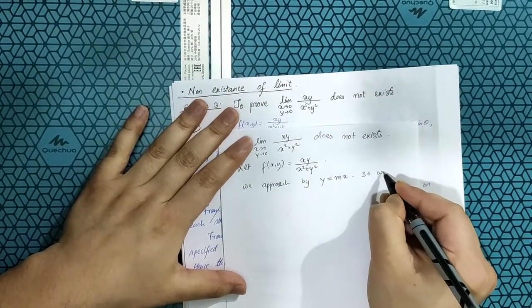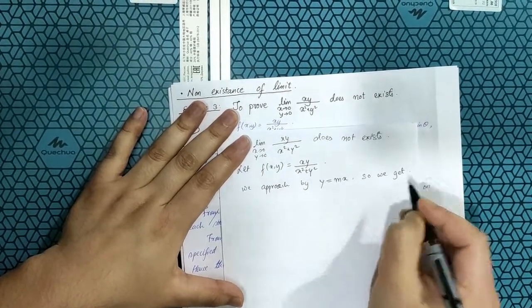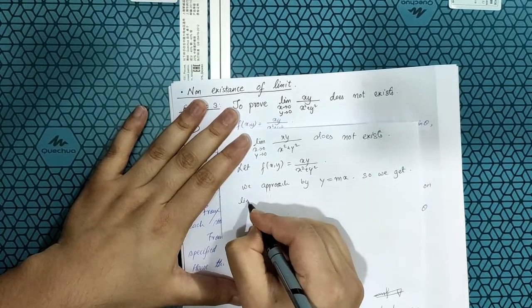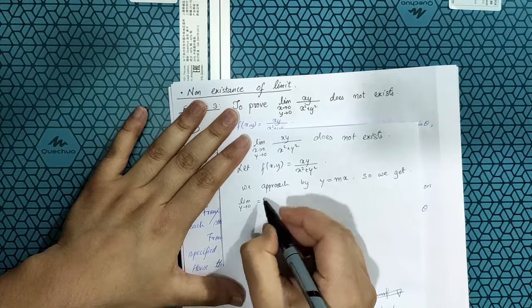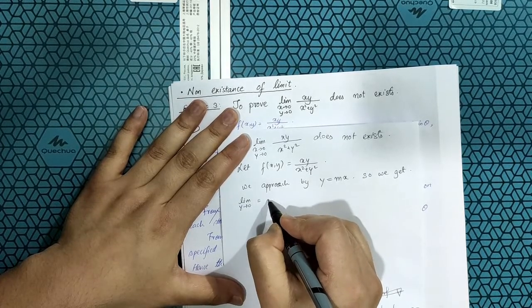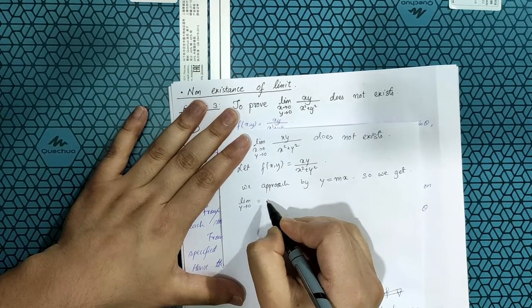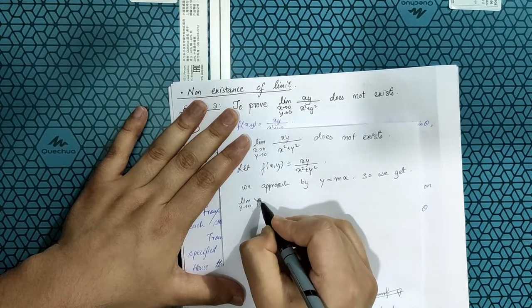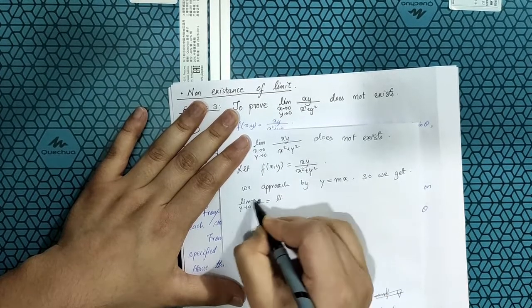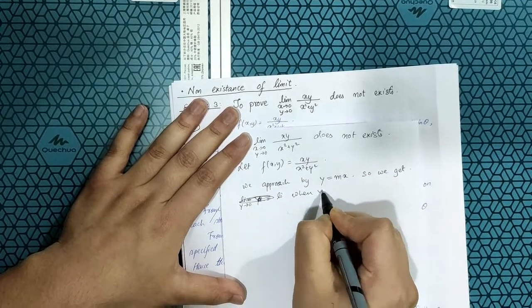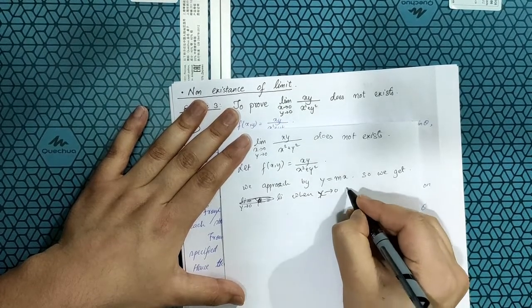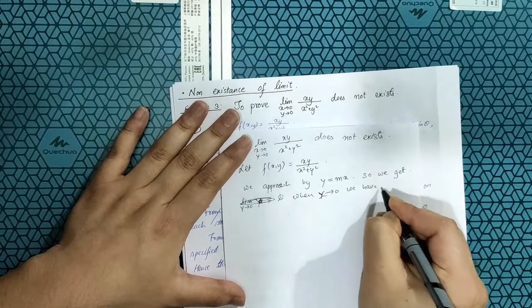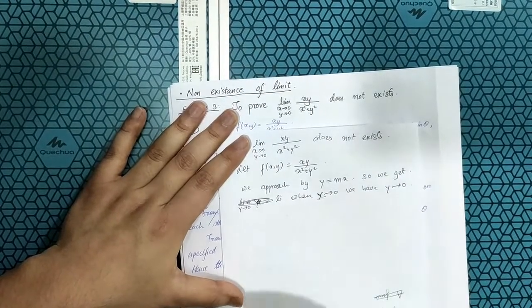So we get limit, when x tends to 0, we have y tends to 0.